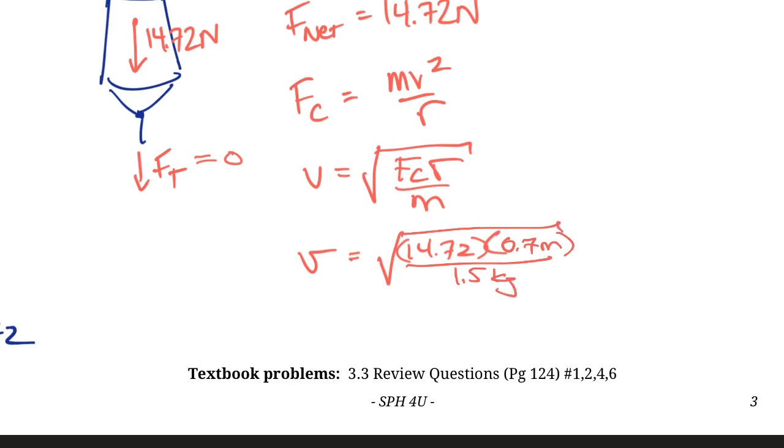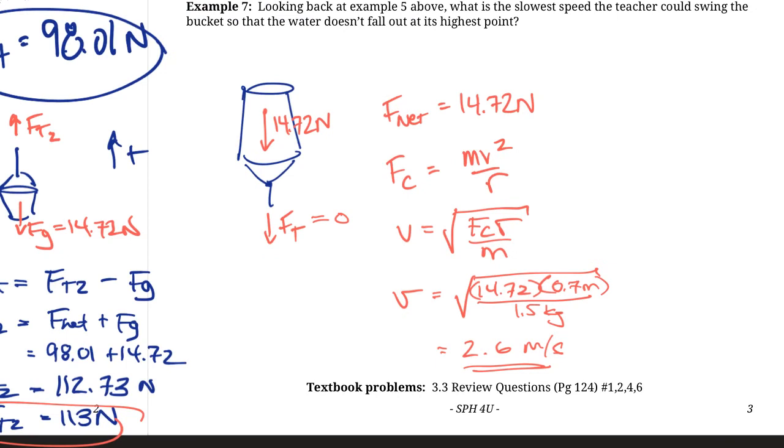So if we do that calculation, the square root of 14.72 times 0.7 over 1.5 is 2.62, so 2.6 to 2 significant figures meters per second. That is the slowest speed we would need to make it still pass just over the top with zero tension in the rope at that very top. So we should be able to make it all the way around with 2.6 meters per second.